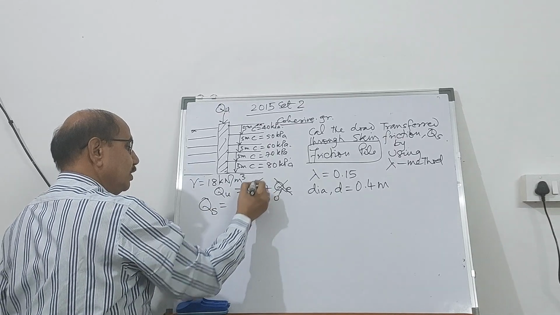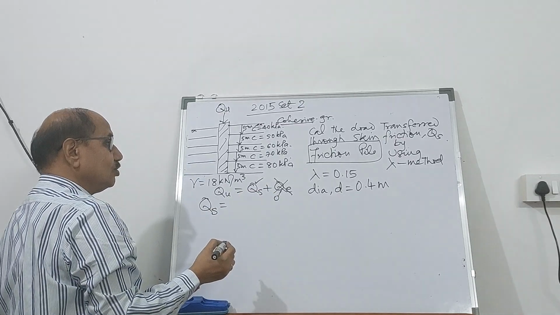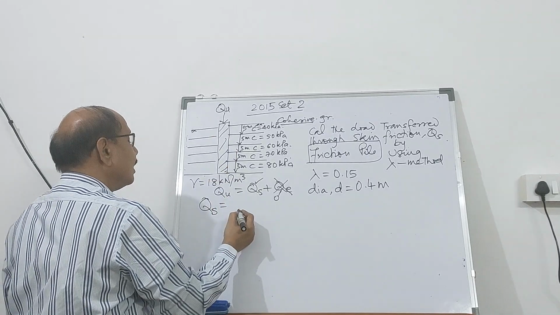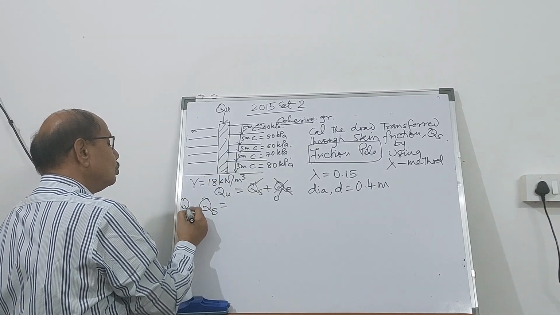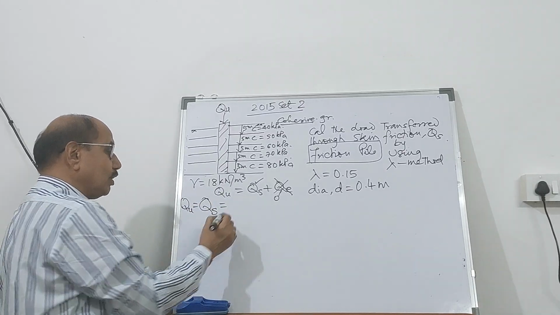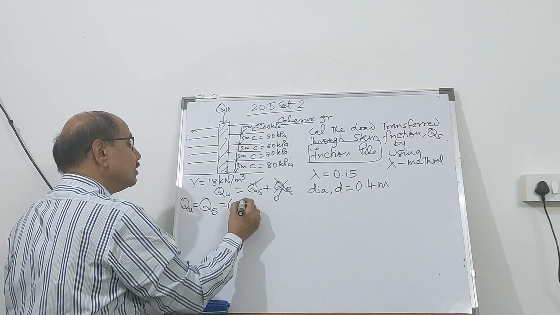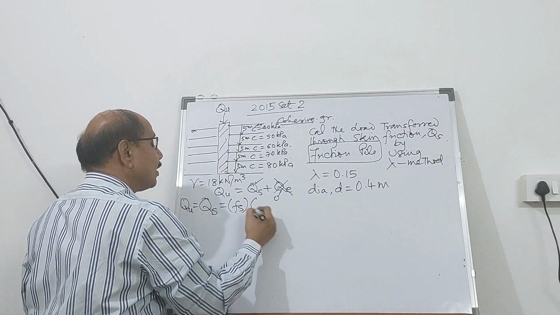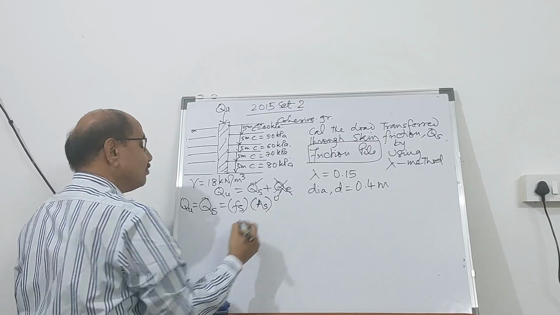So it is going to be Qu equal to Qs. So find out the value of ultimate load carrying capacity. Qu equal to Qs will be equal to Fs, that is the unit skin friction, multiplied by the shaft area.